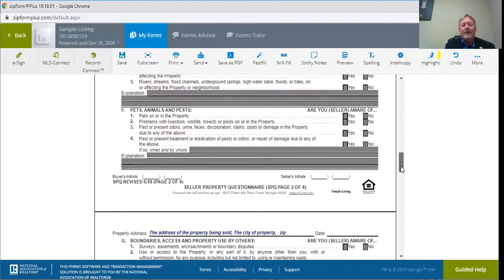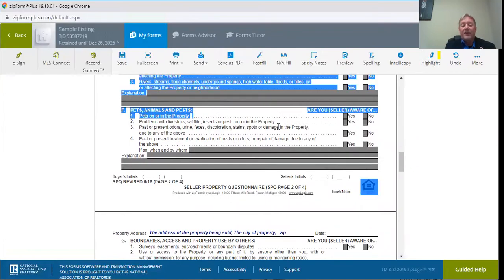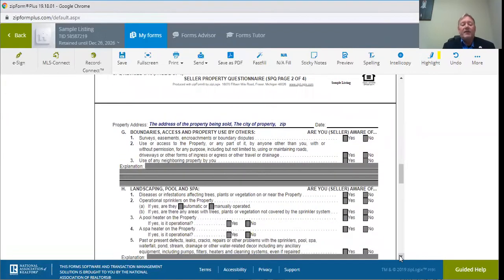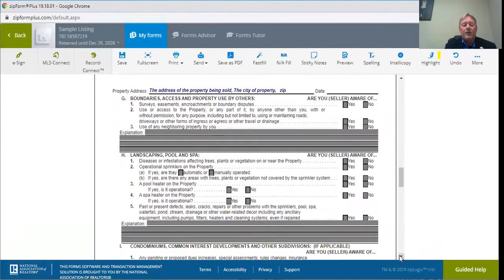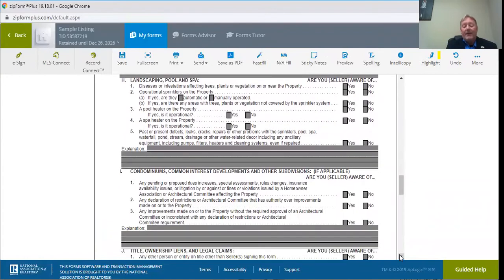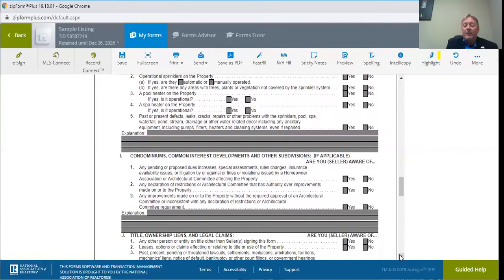If they've had any pets, animals, or pests previously, or is there any pests on the property currently? Boundaries, assessments, and property uses. Again, these are all yes and no questions. Landscaping, pool, and spa. If it happens to be a condominium or a common interest development, again, these are yes or no questions.